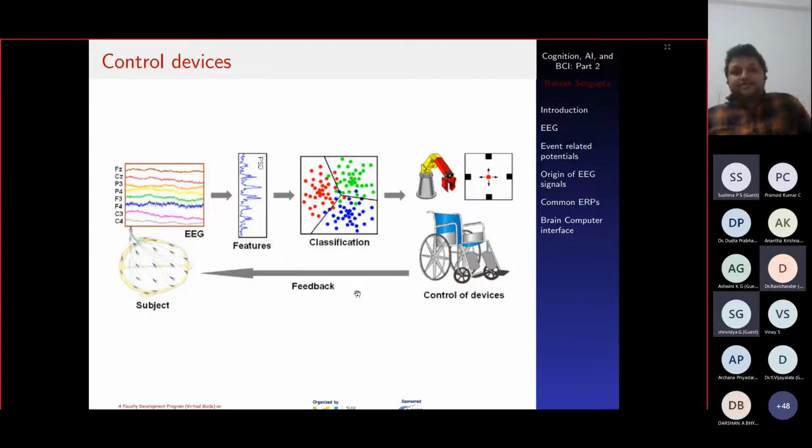That's where brain-computer interfaces come in, because EEG signals from different electrodes can be separated into specific features, which can be used in a real-time classifier built by AI/ML technology, and which can in turn be used to control things like a robotic arm, wheelchairs, or a cursor on the screen, whatever you wish.